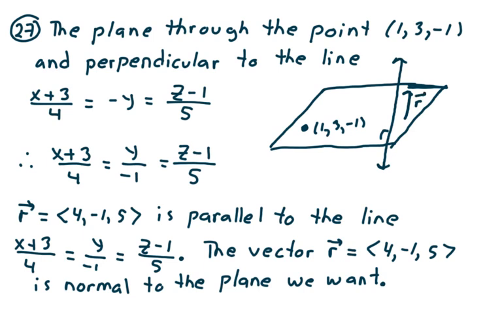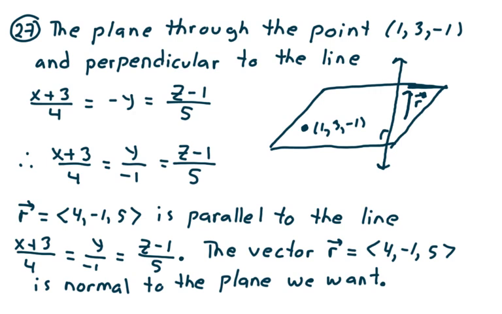And if it's parallel to the line, that means it's perpendicular to the plane we are looking for. So the vector R is normal to the plane we want.